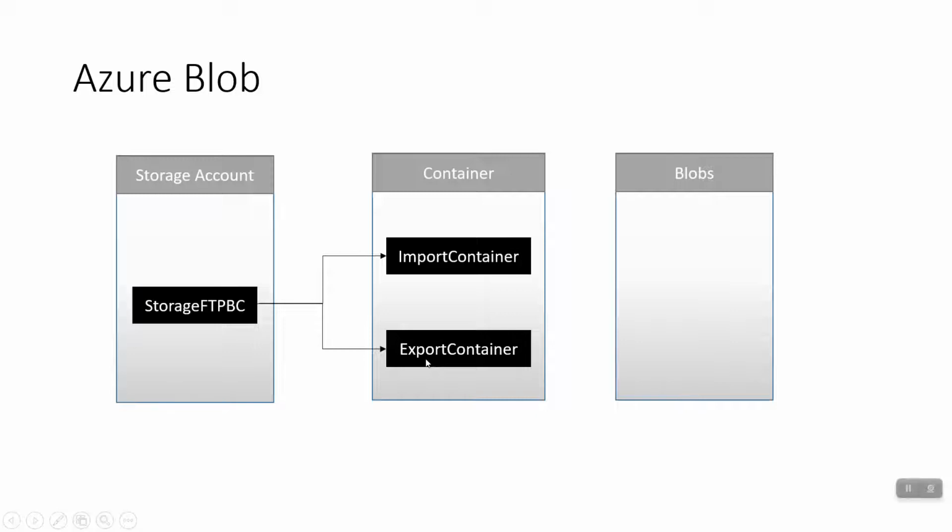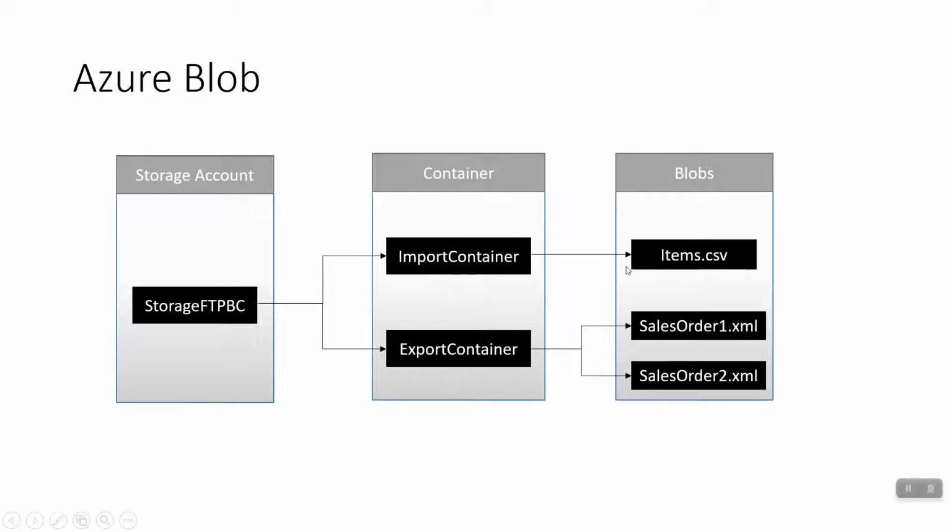So basically, it is to distinguish the files. Each container will have files or blobs. In our scenario, I'm using a CSV file for importing and an XML file for exporting, exporting into the export container and importing from the import container.